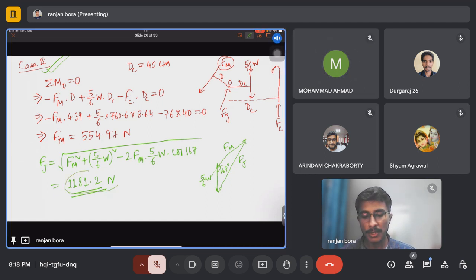More reaction force means more pain to his joint. That's why he should carry the can on his left side. In that case, he will get less pain in his joint.